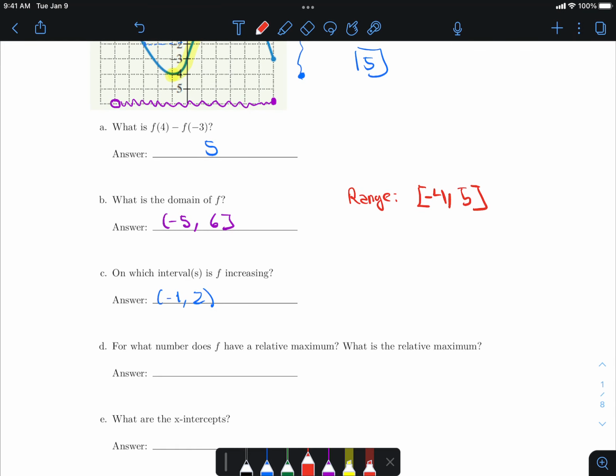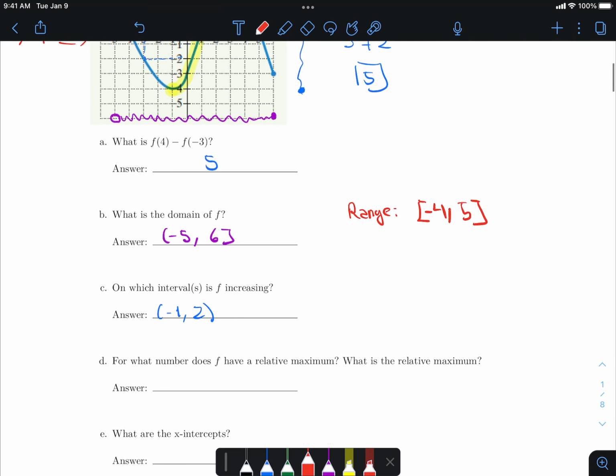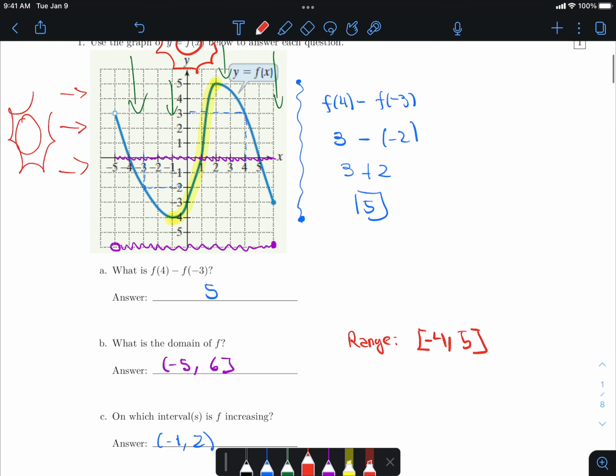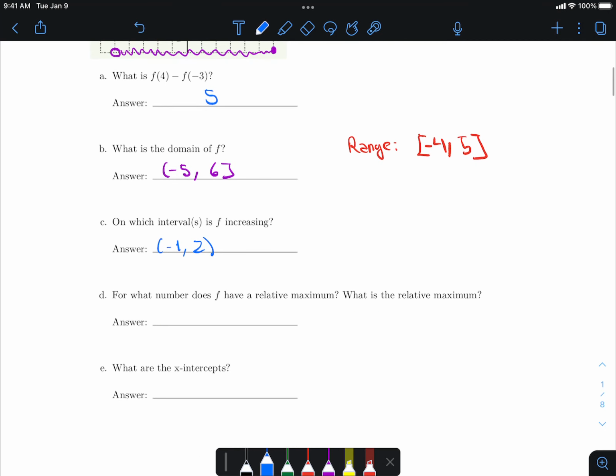For what numbers does f have a relative maximum, and what is the relative maximum? The maximum is a point that is higher than everything else around it. This could be a relative maximum, but it is not one because of this empty circle. This could have been. So this is a relative maximum. That means x equal to 2 gives me a relative maximum of 5.